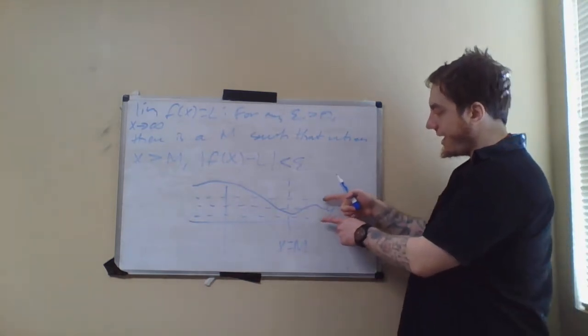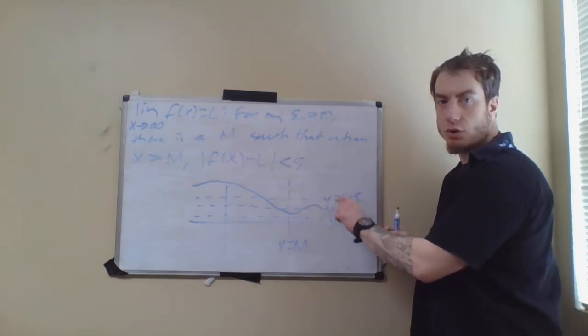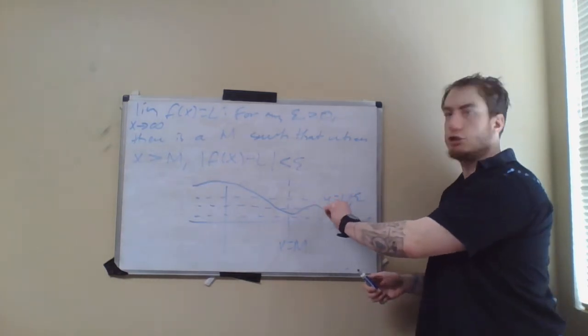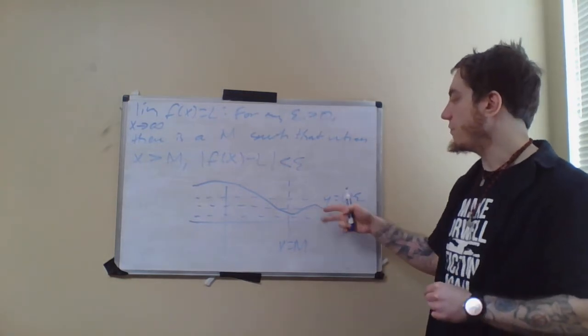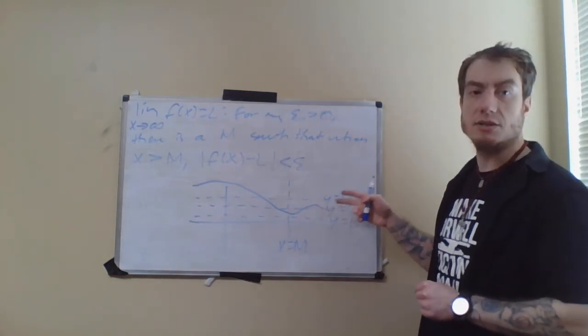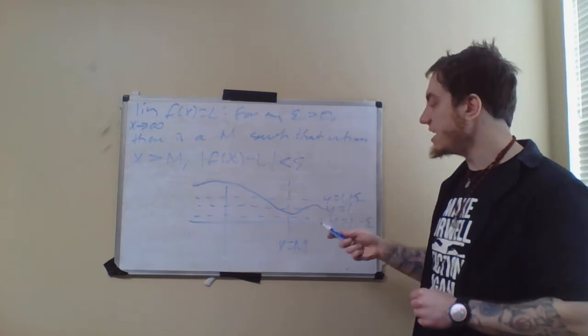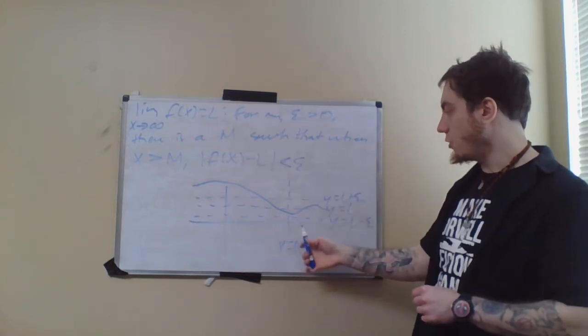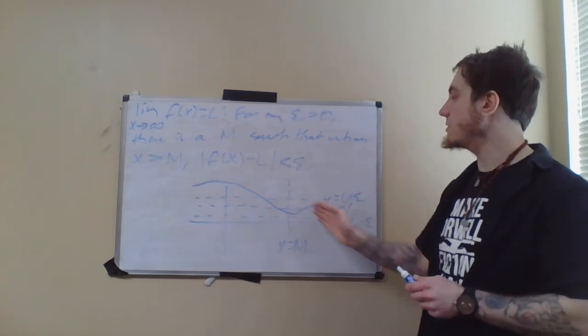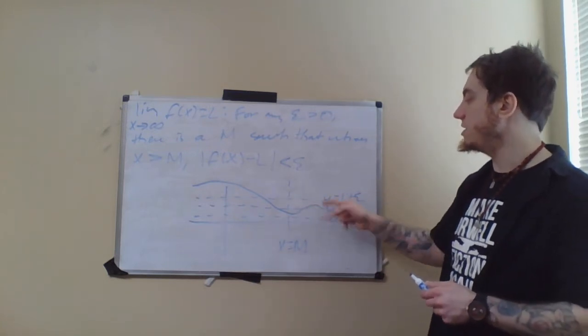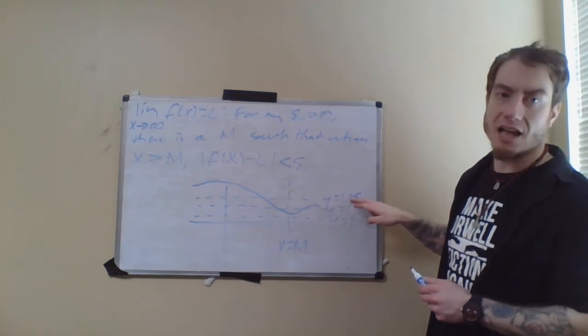And as skinny as I want to make this strip, no matter how much I want to shrink this strip down, I can always guarantee the function will be sandwiched in between these two things, provided that I pick my m to be far enough out to the right. So as long as we go far enough to the right, we can guarantee the function is inside of this strip.